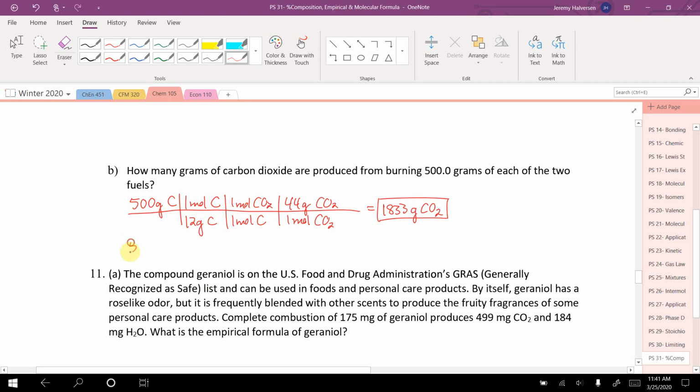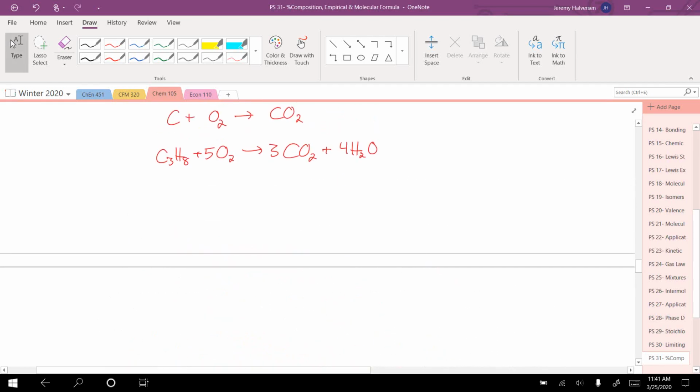Now I can do 500 grams of my other substance, C3H8. 1 mole of C3H8 is 44 grams. And my equation tells me that 1 mole of C3H8 makes 3 moles of carbon dioxide.